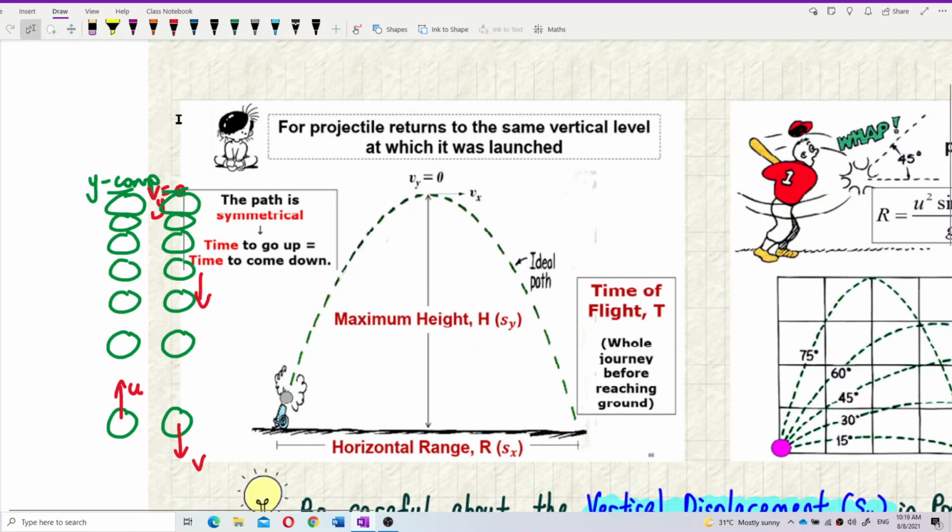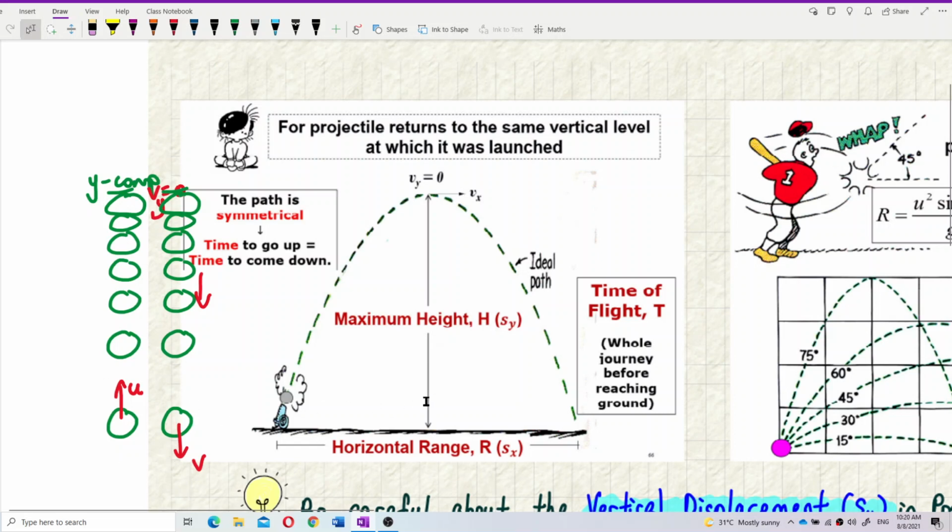So this projectile motion is also going up and coming down. So for the vertical, the y component for this projectile motion is actually a free fall motion.